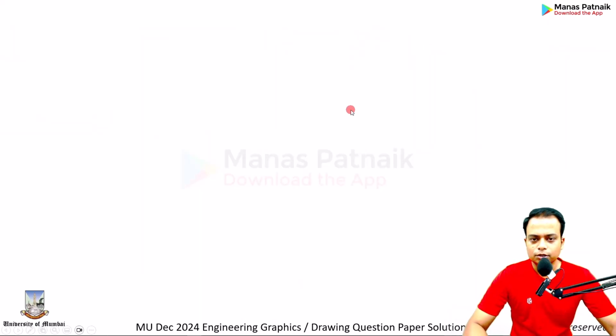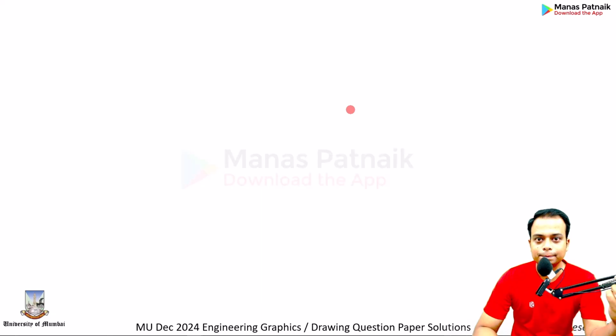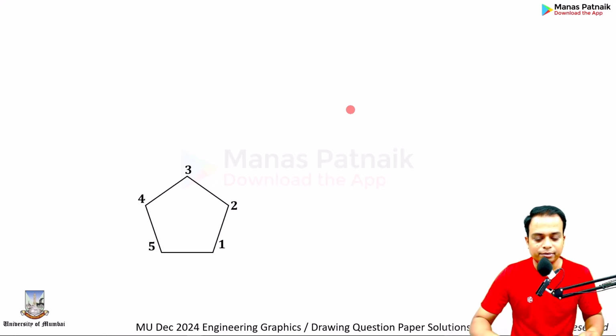Here we go. The first thing is to make a regular pentagon. Although nowhere in the question has it been mentioned that you need to draw a regular pentagon, only the word pentagon is mentioned, we will assume it to be a regular pentagon. All the sides will be 40 millimeters each. If you're wondering how this pentagon can be created, please listen.